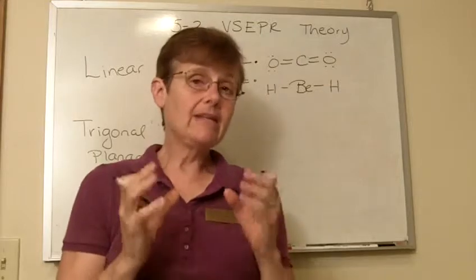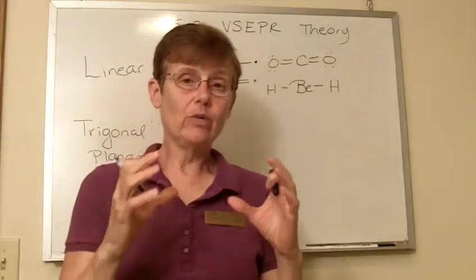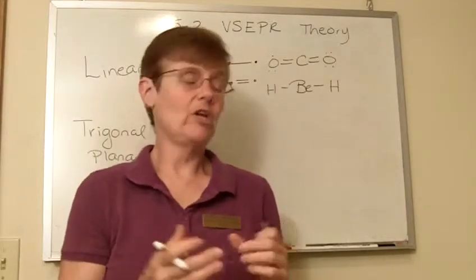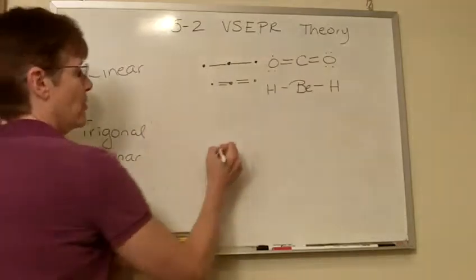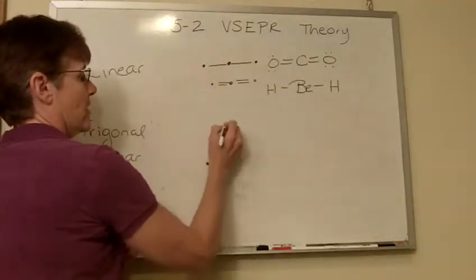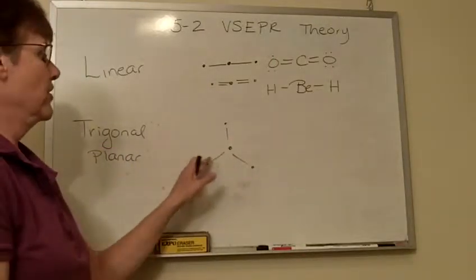But anyway, anytime you end up with a molecule that has only 3 electron clouds, the furthest that they can get away from each other is to form something like this. So we might have a central atom with 3 outer atoms, and they're going to do that.